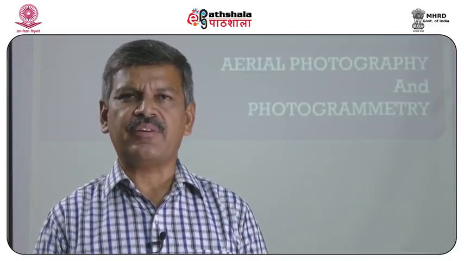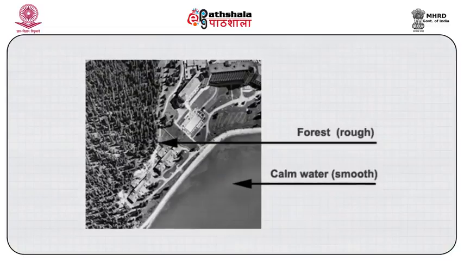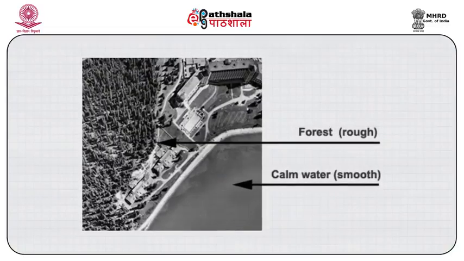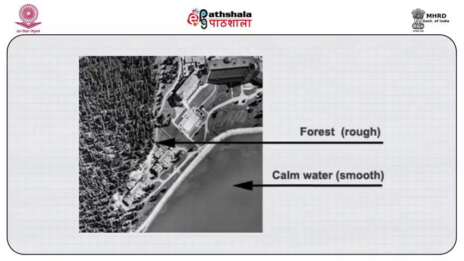Then come to the texture. Texture is also a very important element which helps in photo interpretation. A smooth texture may depict grassland, whereas a rough texture may give an idea about the forest.